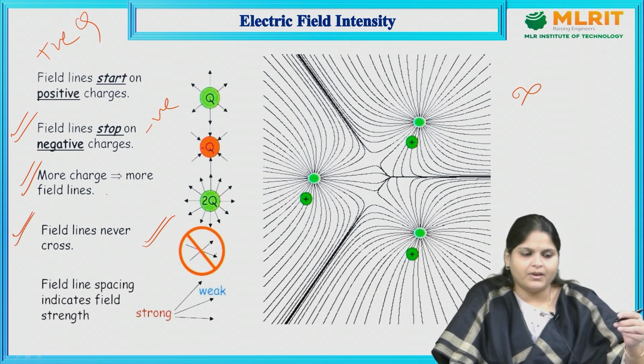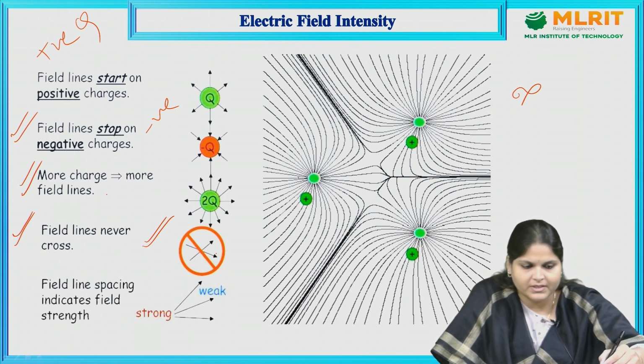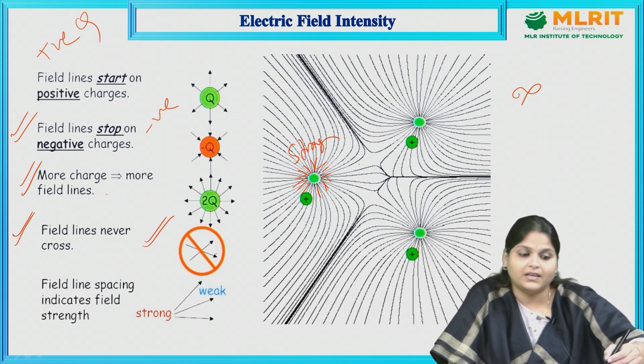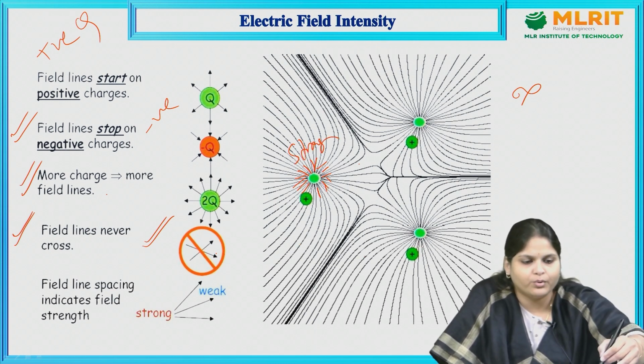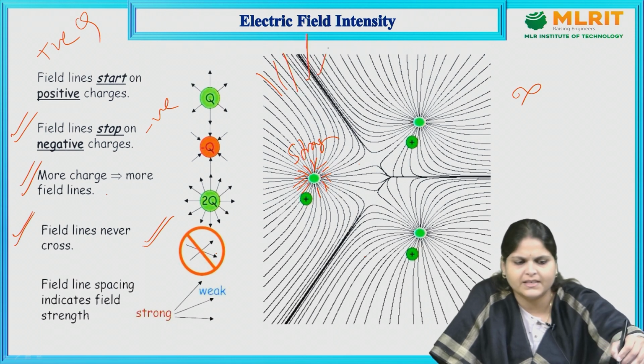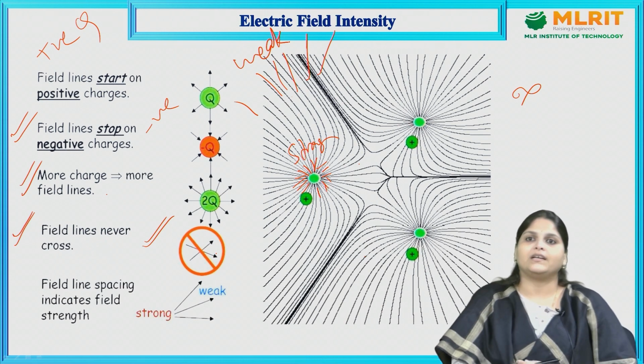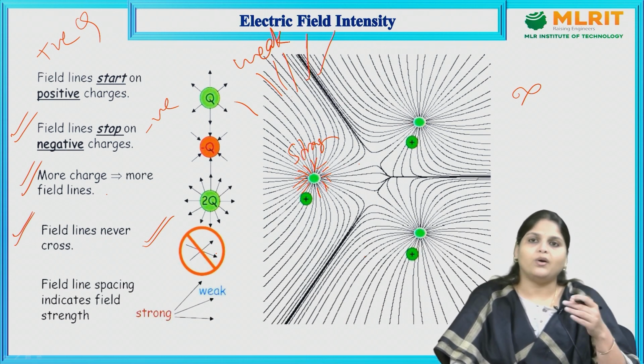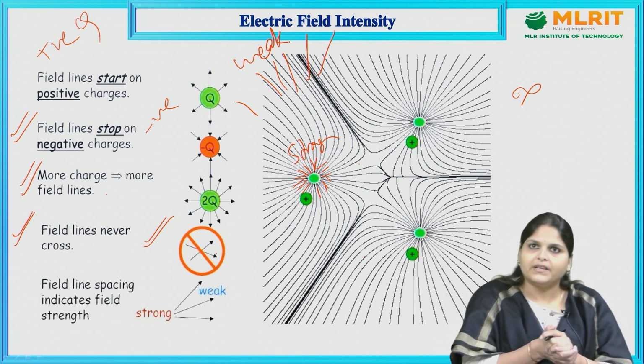Also, the field line spacing indicates the field strength. So, for example, suppose this area, if you see here, the lines are very near to each other. So, here the field is strong, right? It is near to charge also. But if you notice here, a lot of space is there between them. So, here the field is weak. So, by understanding the field line spacing, we can understand what is the strength of the field, right?